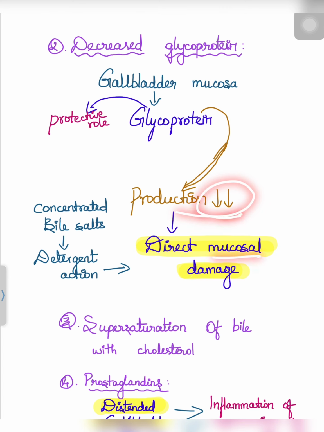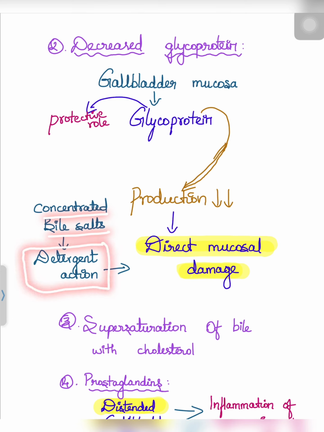This leads to direct mucosal damage. You know how? The bile salts get concentrated inside, right? These concentrated bile salts have a detergent action. We have learned it in physiology, reminded here. So due to this action, there is direct mucosal damage.